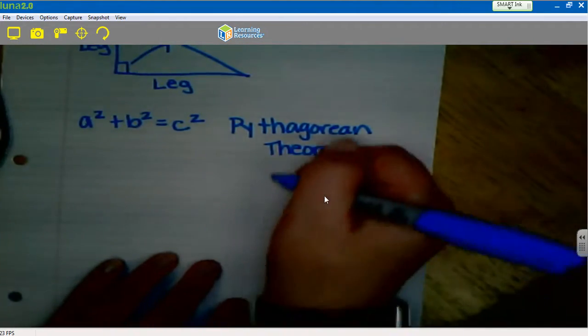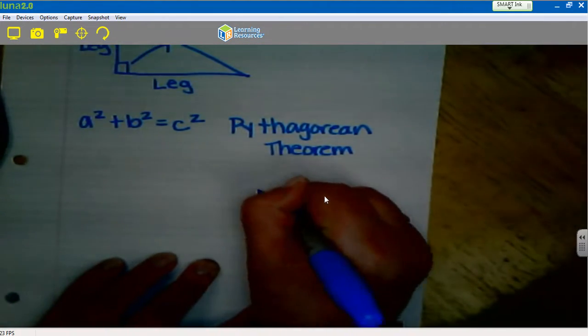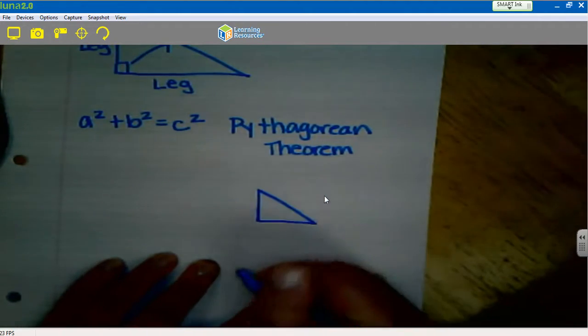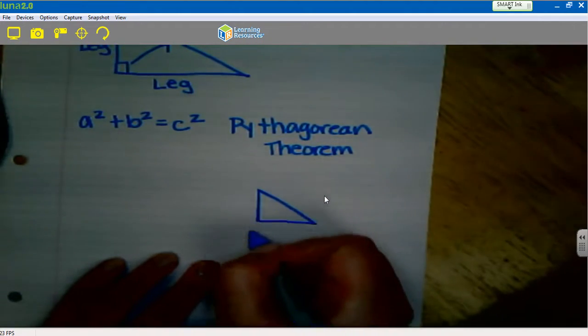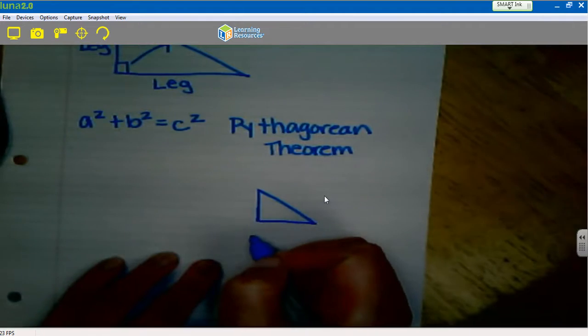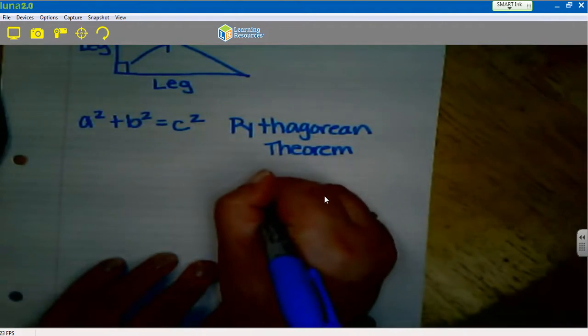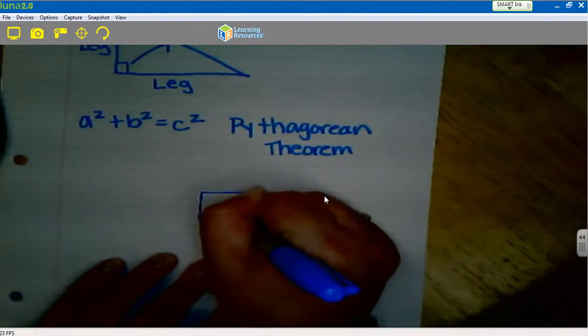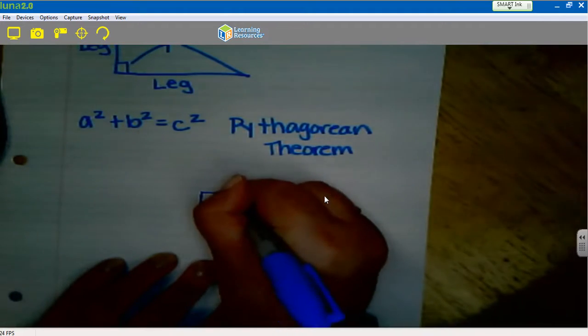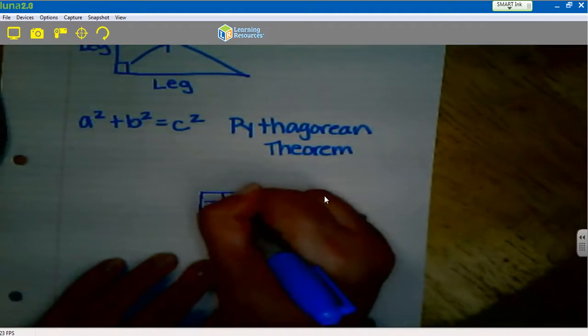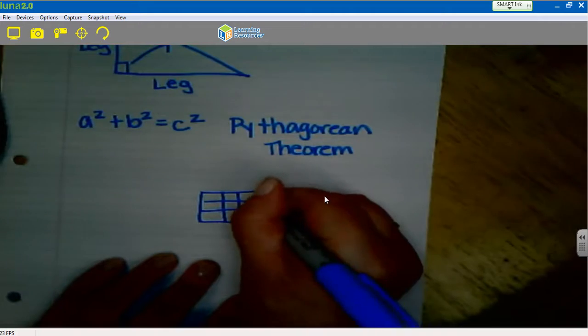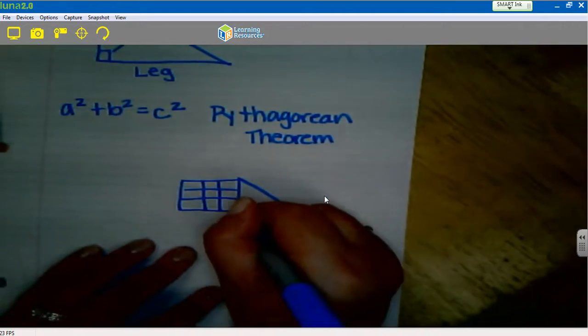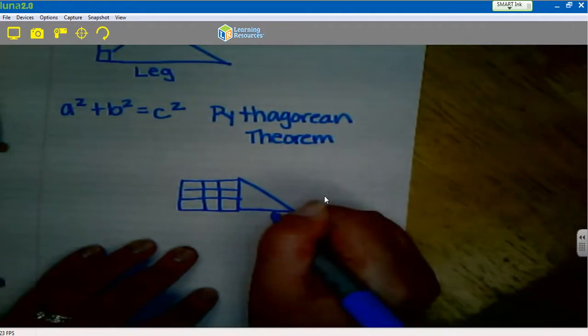So you'll see we have this picture here of a triangle. And the side on the left, that leg, that is 3 units long. We know that it's 3 units long because we have this square off to the side, and it's 3 units long. The bottom leg, that's 4 units long.